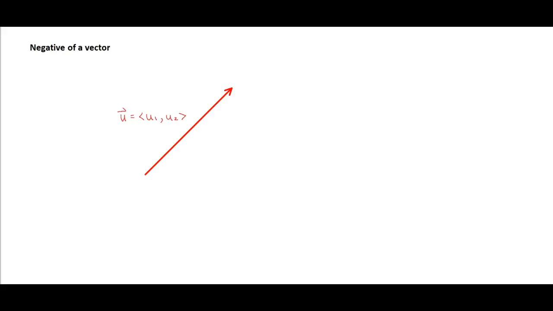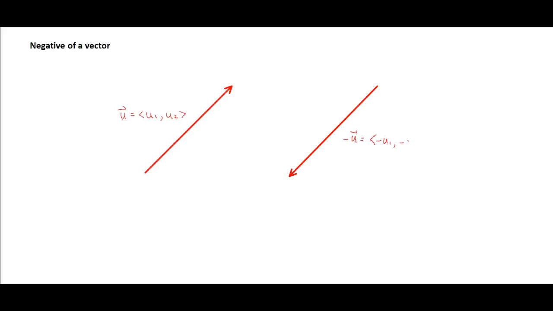So for this vector that you see on the screen, the negative of vector u is going to look like this. And we are going to denote it by -u. And you might be able to guess what the components of this vector might be, but it's exactly the negative of each component of the original vector.